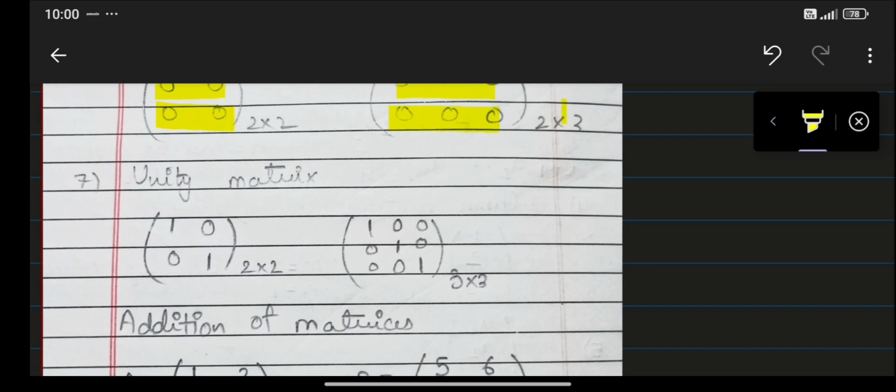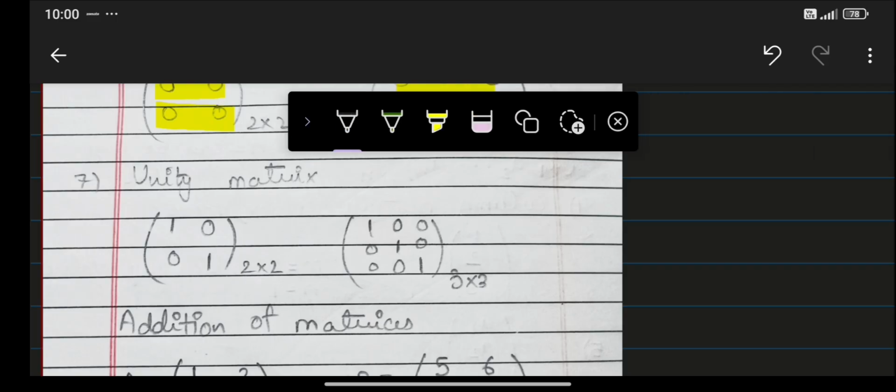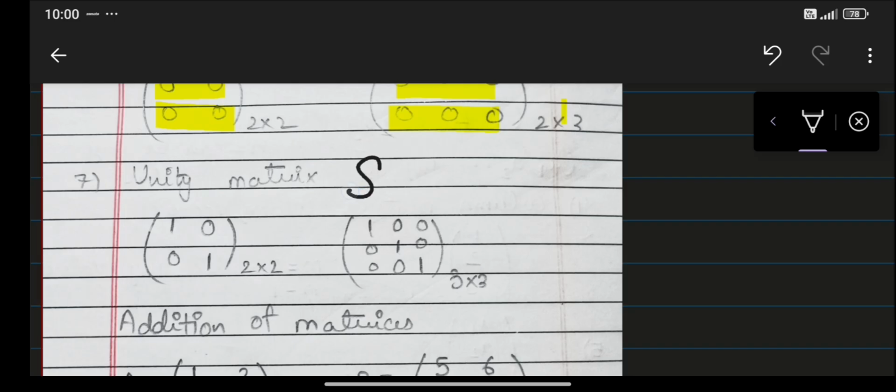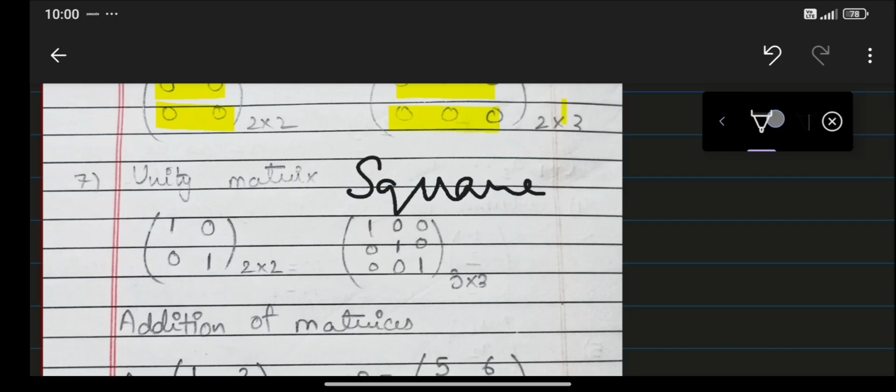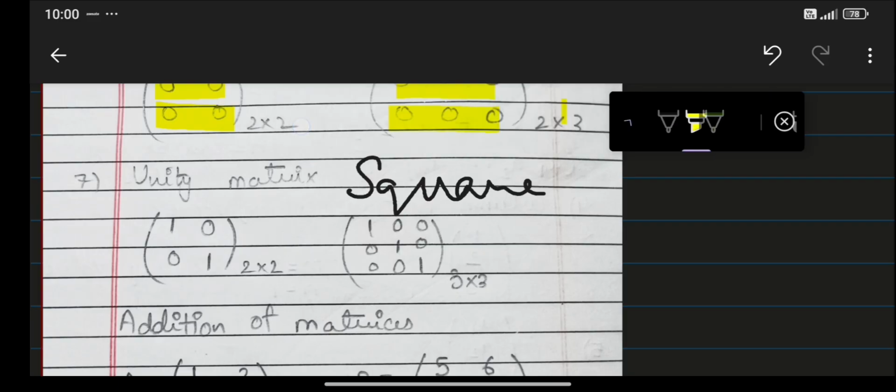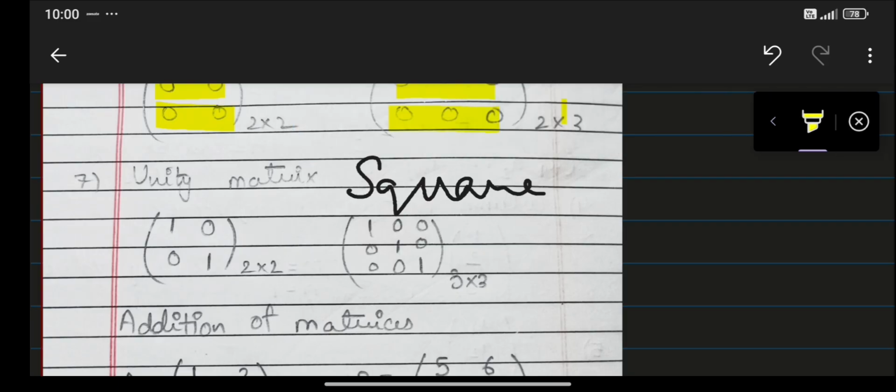So a unity matrix is a square matrix in which the principal leading diagonal elements are all 1.